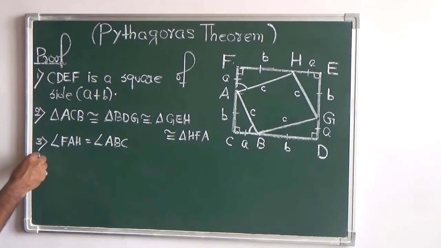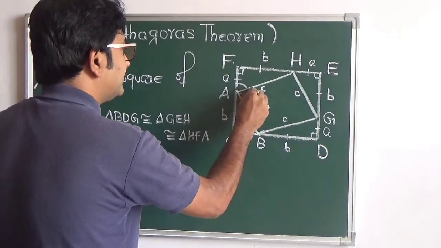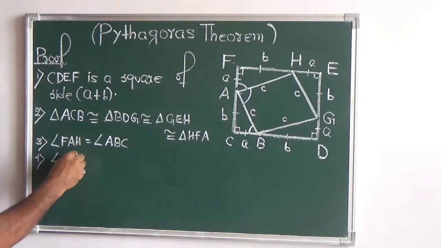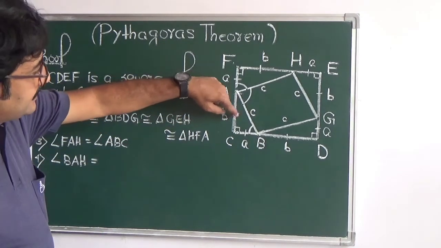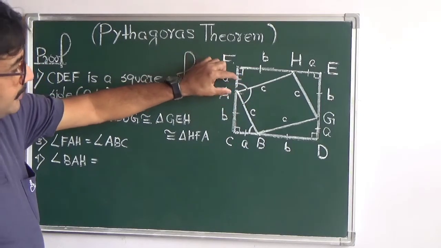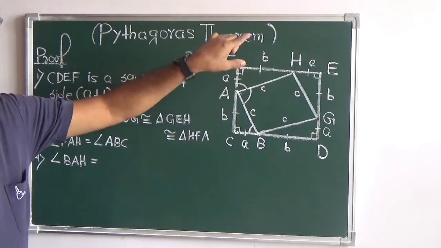Now point number 4. We will try to find this angle, so angle BAH is how much? Now if you look into this, the total angle is 180 degrees, a straight angle, right? So all three angles, this angle plus this angle plus this angle, makes it 180 degrees.